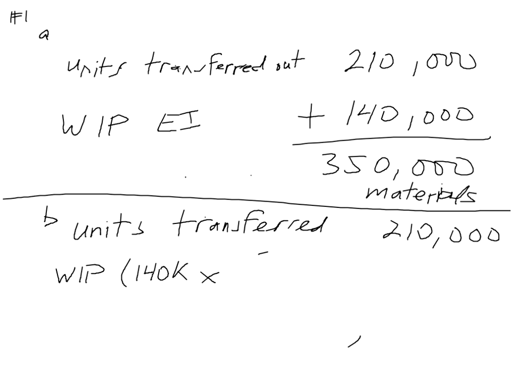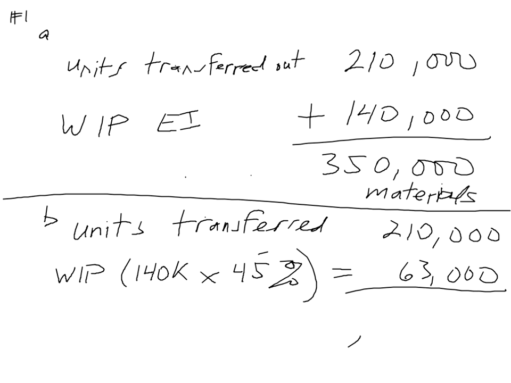But for conversion costs, they're only 45% complete. So we're going to do 140,000 times 45%, and that gives us 63,000 units, equivalent units. So you add those up, and you get 273,000 equivalent units for conversion costs.